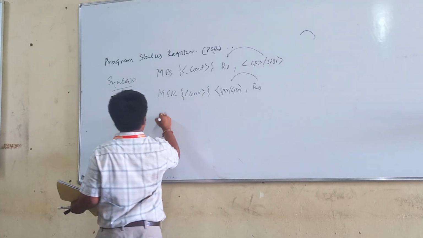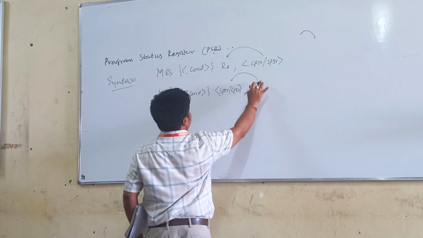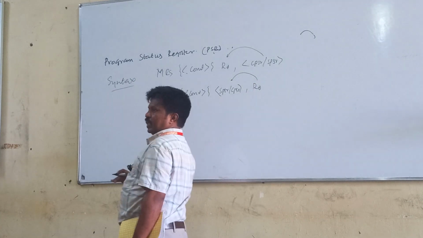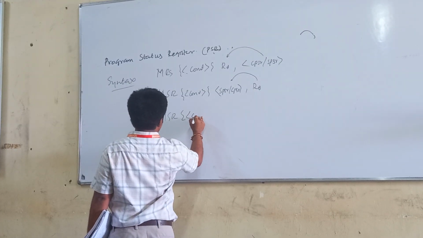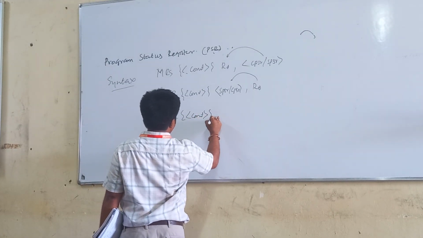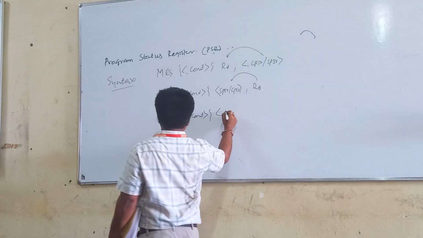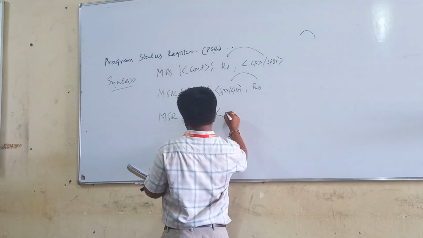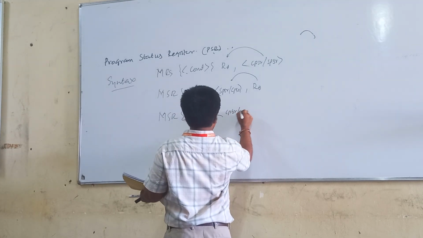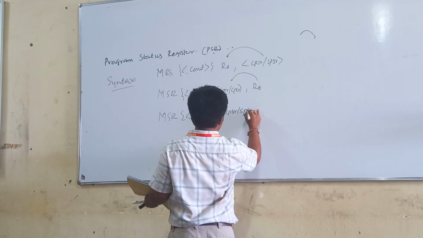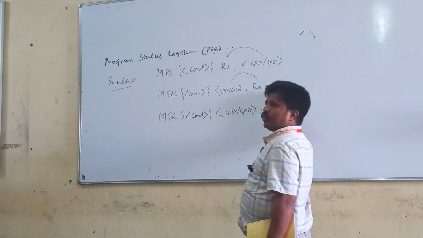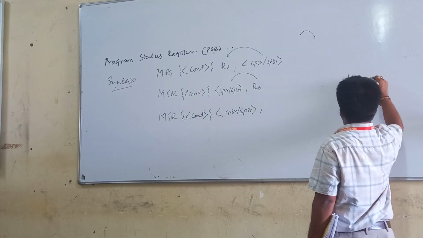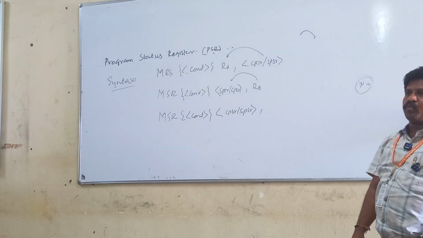Okay, next, I am sending with registers only. If I am sending an immediate value, then the MSR has this condition. Here it will be CPSR or SPSR, either is fine. Then instead of a value, what I send can be a register or an immediate value.